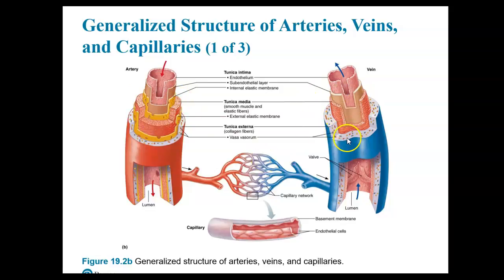The veins are going to have a larger lumen, a larger opening, and a thinner tunica media. The tunica intima is like the endothelium, the inner layer, and the tunica externa is the outer layer. But the tunica media is that muscular layer of smooth muscle that can either constrict or dilate for different reasons to help maintain homeostasis.